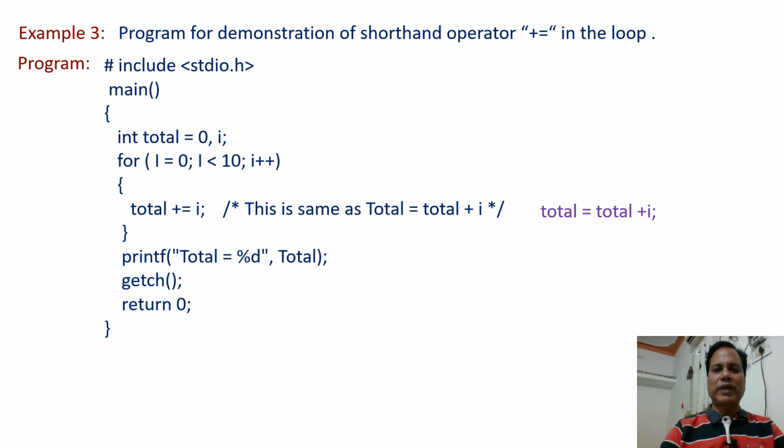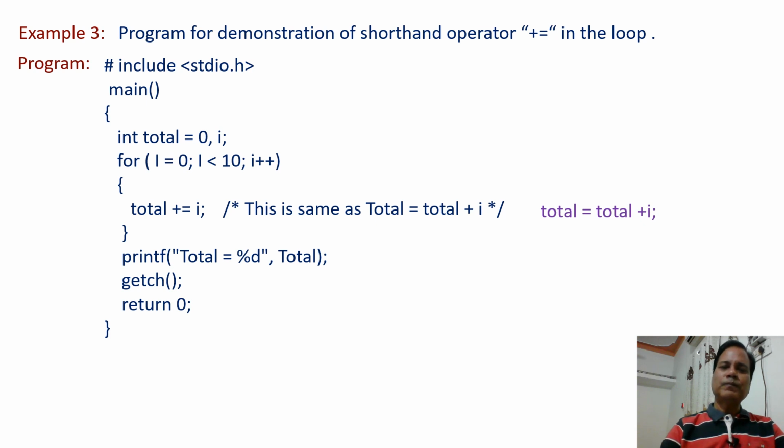So in this way, as long as the condition is true, and this condition is true for i equal to 9, 9 less than 10, these values from 0 to 9 get added by the statement total plus equal i.